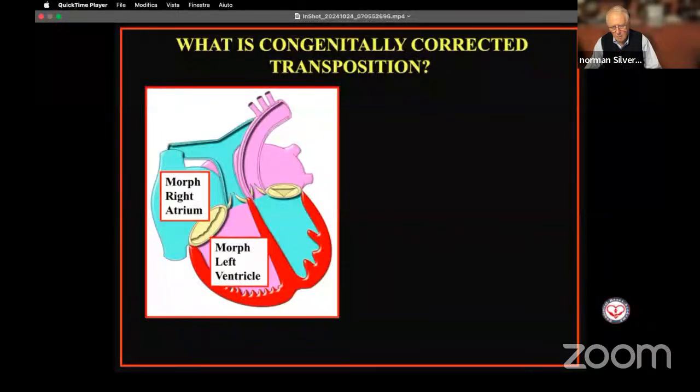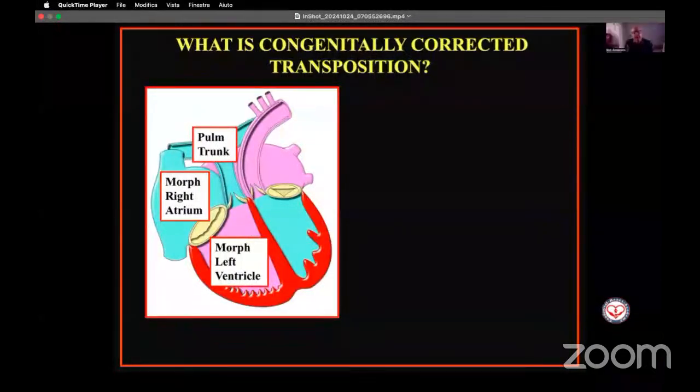But then we have discordant ventricular arterial connections, and this is the key, because in recognizing the fact that we have dual discordant connections, the blood goes back to the lungs. So it's going the right way round, despite the fact that we have the discordant connections.